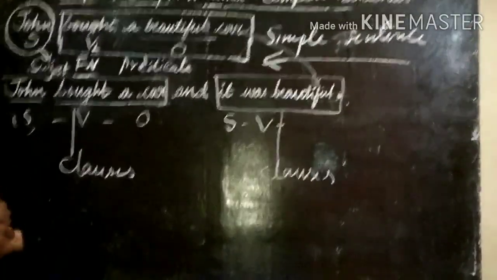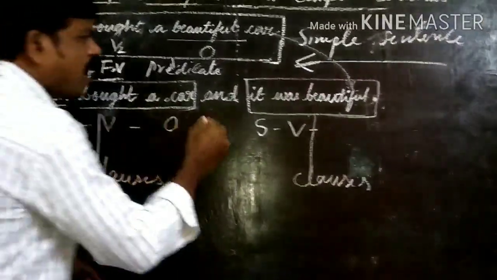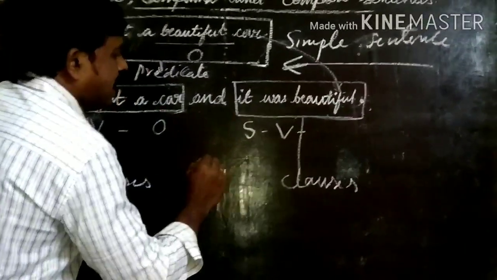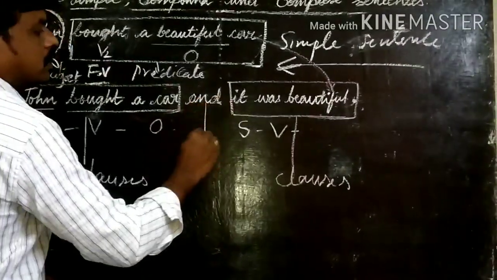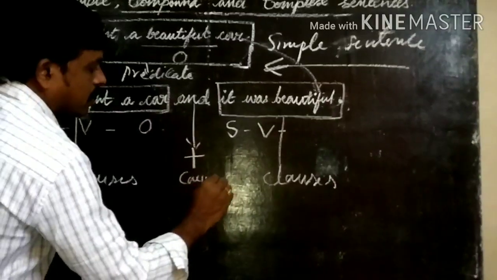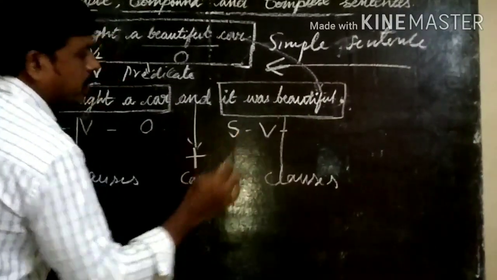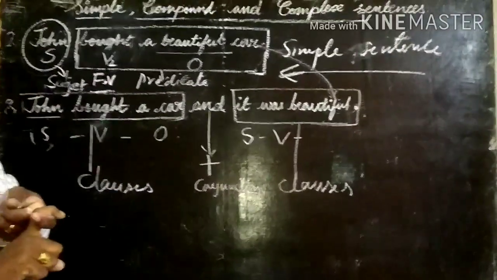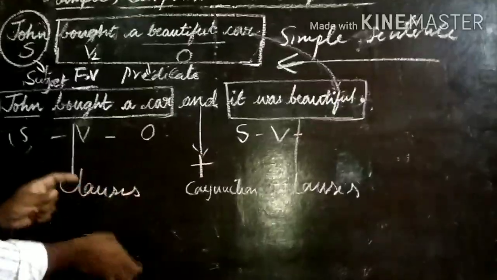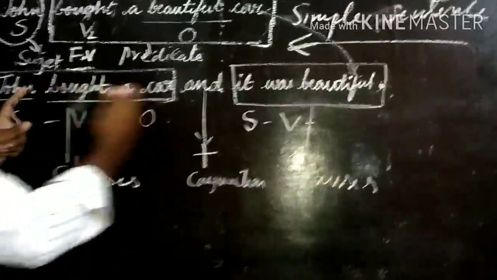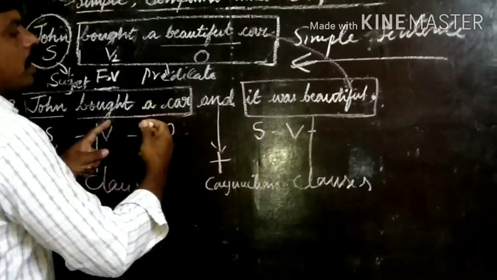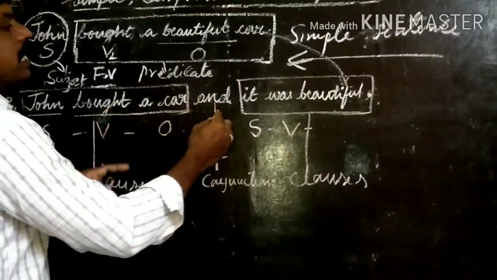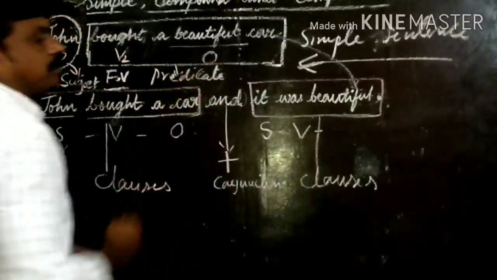Okay. See, these two clauses or sentences are connected with a conjunction. Conjunction is nothing but a connecting element in the language. So, these two clauses, otherwise called sentences, are connected with the conjunction "and".